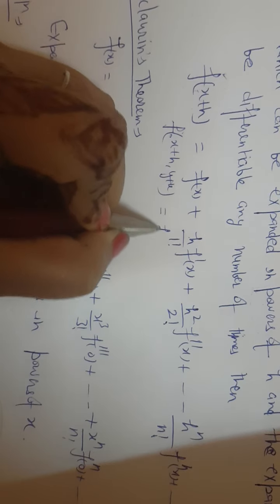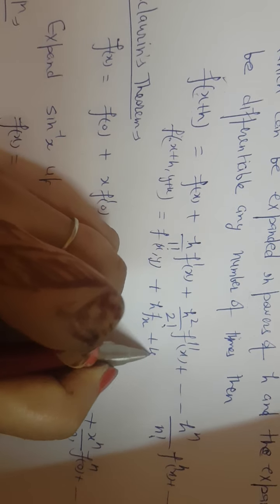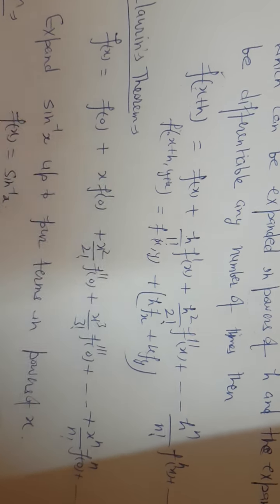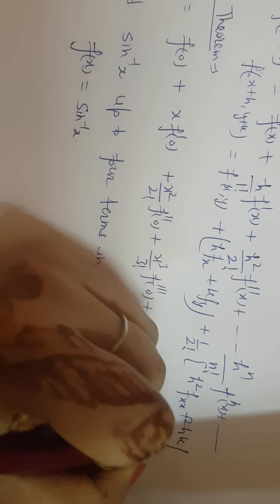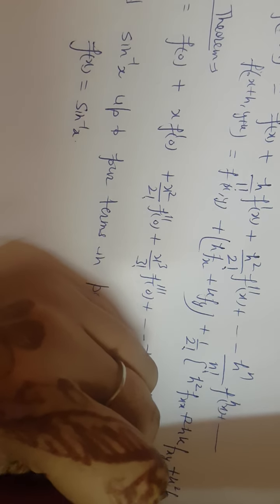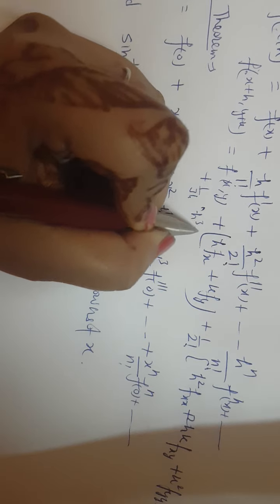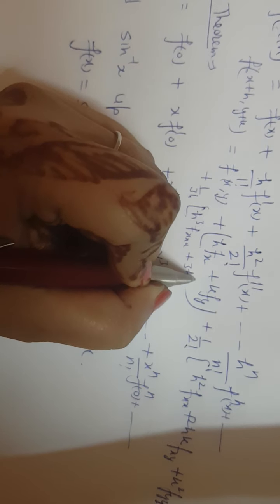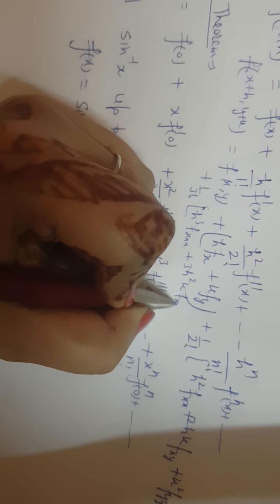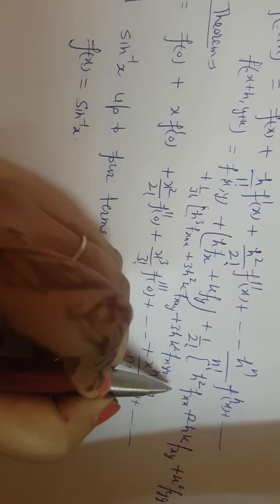So this is f of x y plus h f of x plus k f of y, plus 1 upon 2 factorial, h square f of x x plus 2hk f of x y plus k square f of y y, plus 1 upon 3 factorial, h cube f of x x x plus 3h square k f of x x y plus 3h k square f of x y y, and so on.